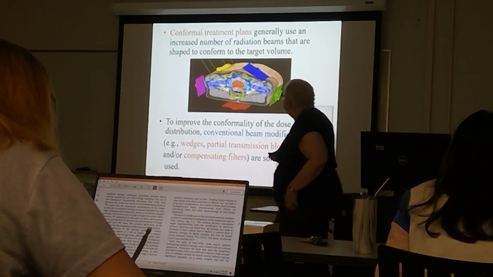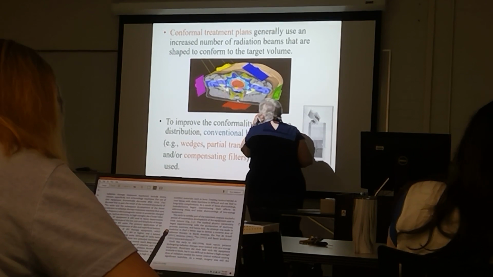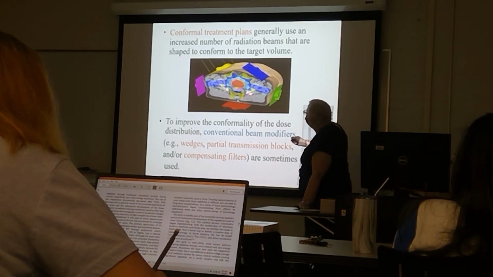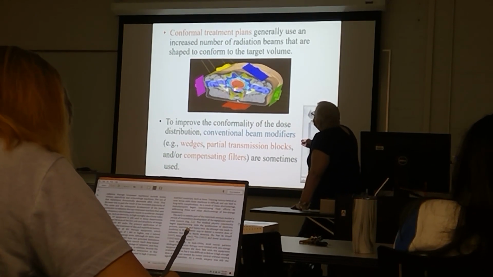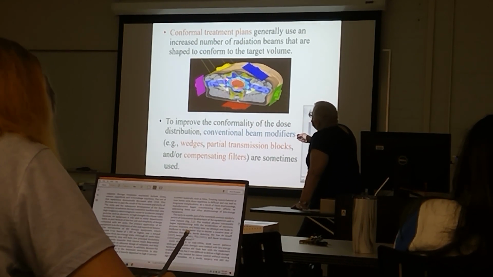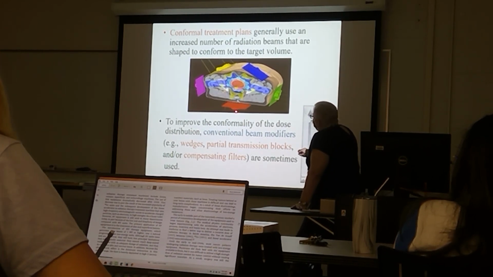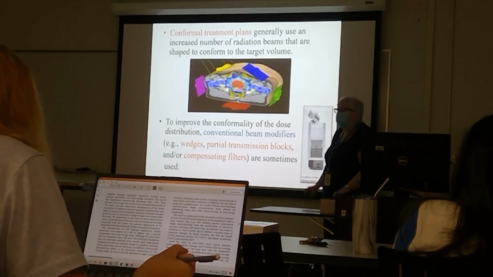So, conformal generally used an increased number of radiation fields. So here is a plan. You've got a field coming in this way, this way, this way, this way, and this way. So it's a 5-field plan.